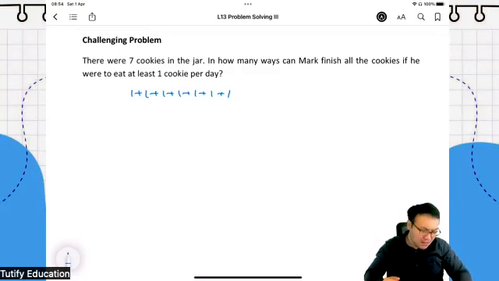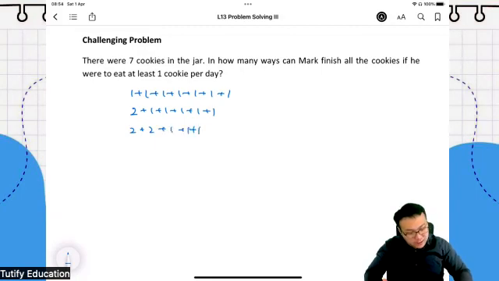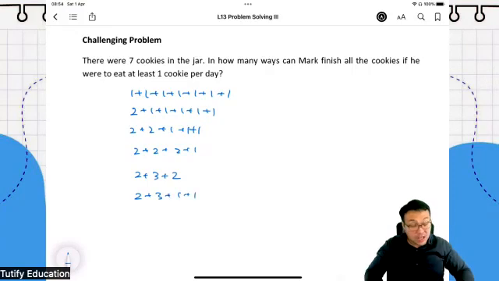Or maybe I eat 2 on the first day, then 1 and 1 and 1 and 1 and 1. Or 2 and 2 and 1 and 1 and 1. Or 2 and 2 and 2 and 1. Or 2 and 3 and 2. Or 2 and 3 and 1 and 1.